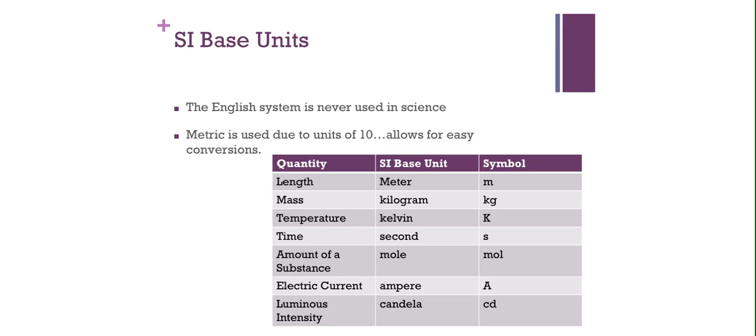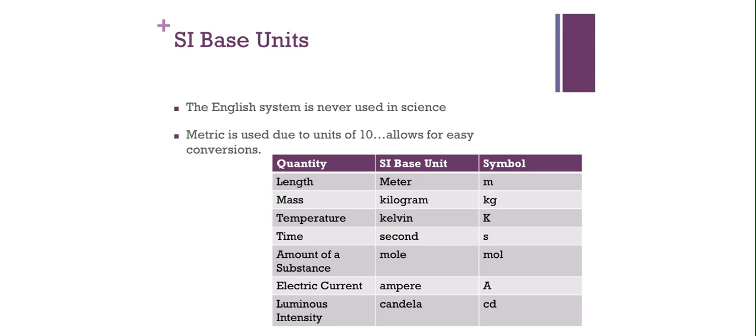Something I want you to understand is that a measurement is a quantity that includes both a number and a unit. If I said to you 12, you'd have no idea what I'm referencing. If I said 12 meters, now you have an understanding: maybe I'm measuring a football field, or something really large. 12 meters is pretty large.